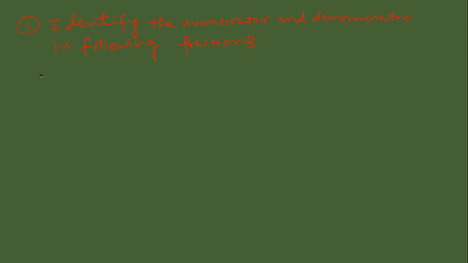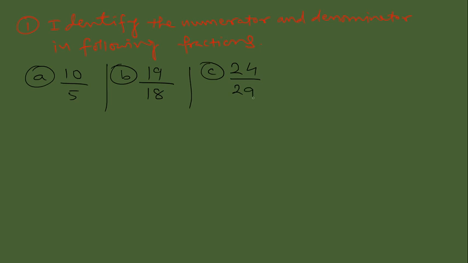The first one is 10 by 5, 19 by 18, 24 by 29, 0 by 100, 200 by 72. Suppose 5 questions are given to us and we have to identify the numerator and denominator in these questions.